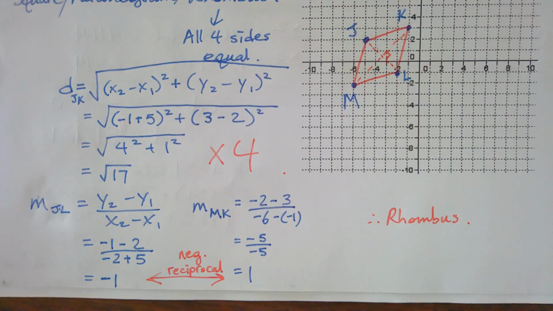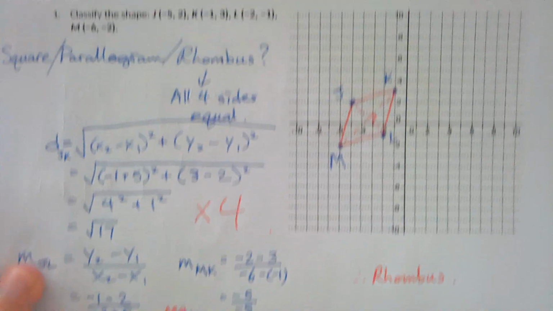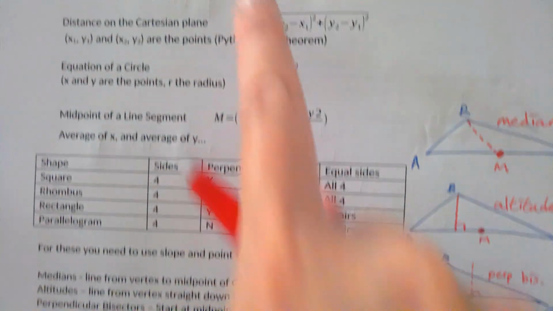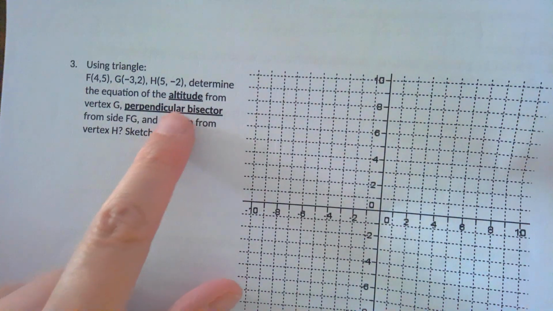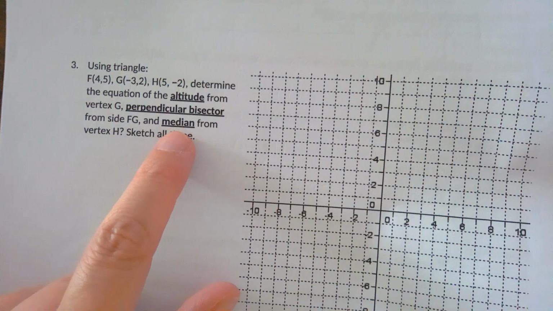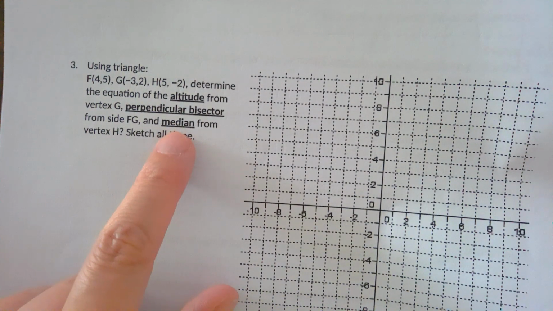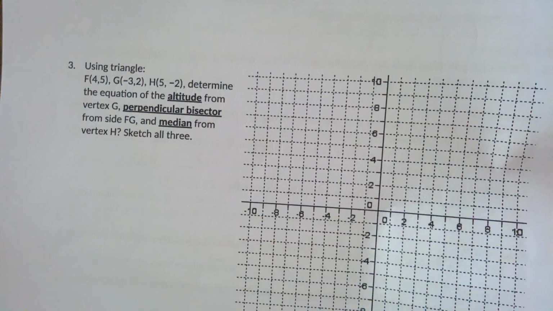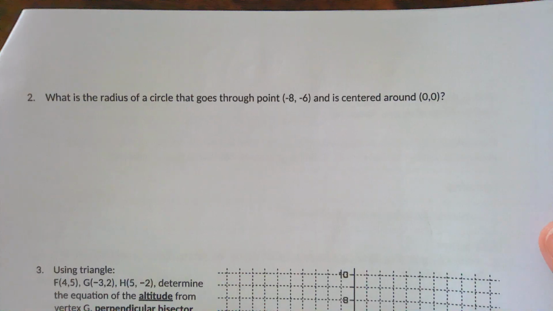For the equation for perpendicular bisectors, you need to know these equations right here. Well, you'll need to know how to find the equations. No, nothing is given. Yeah, you have to know all that.